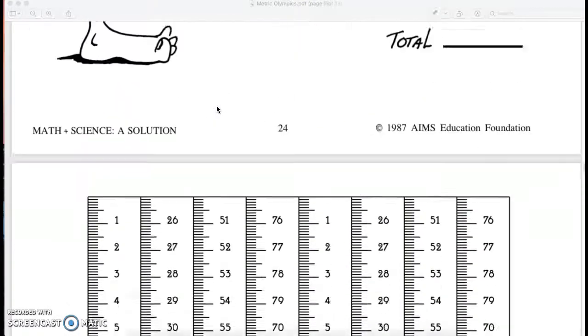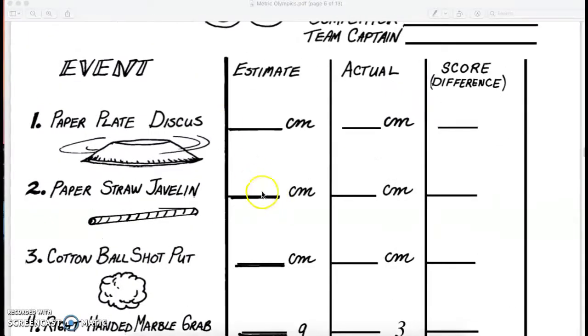Okay, so then you go up here. Let's say you throw it, and you're like, man, I think I threw that 200 centimeters. You'd write 200. Then you measure the actual, and let's say it's 180. Your score has to be the difference. So you take the bigger number and you subtract the smaller number.